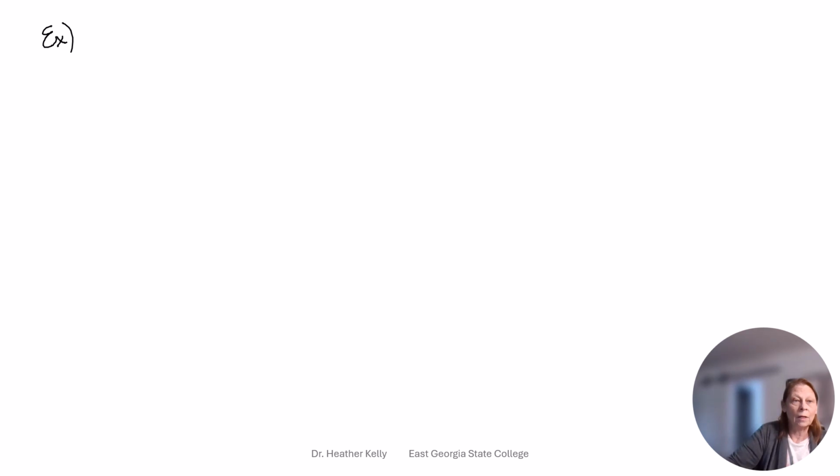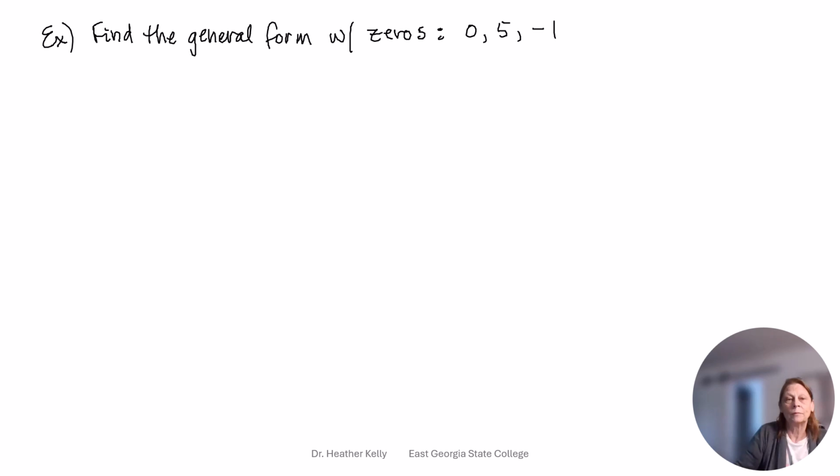Again, we're still finding general form. Find the general form with zeros of 0, 5, and negative 1. Okay, so first things first, I'm going to turn these guys into factors.